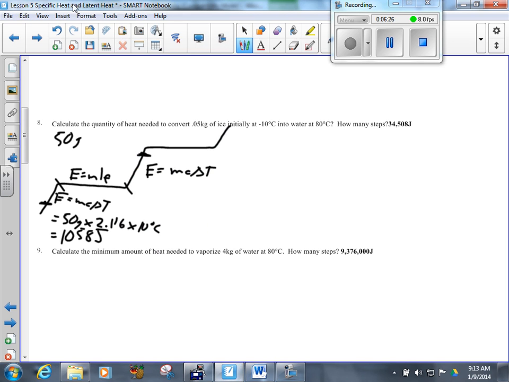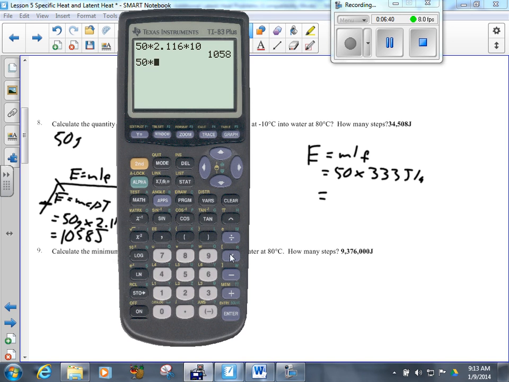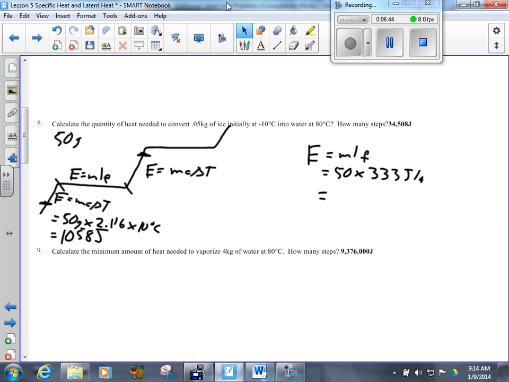All right, the second part here, E equals mLF. I'll do it over here so I have room. E equals mLF, my 50 grams times the latent heat of fusion, 333 joules per gram, is 16,650 joules. Okay, everybody with me so far?